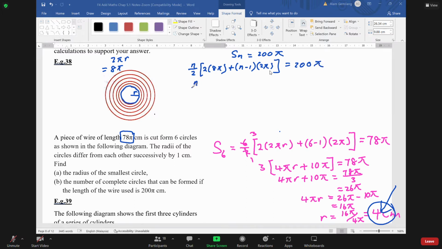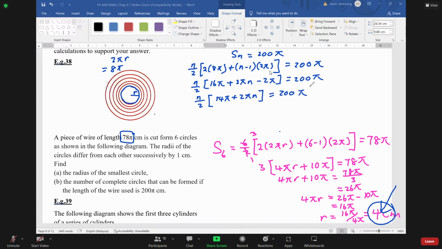So this n over 2 times 16 pi, plus 2 pi n minus 2 pi, equals 200 pi. Leave the 2 there, okay. 16 pi minus 2 pi is 14 pi, plus 2 pi n, equals 200 pi.